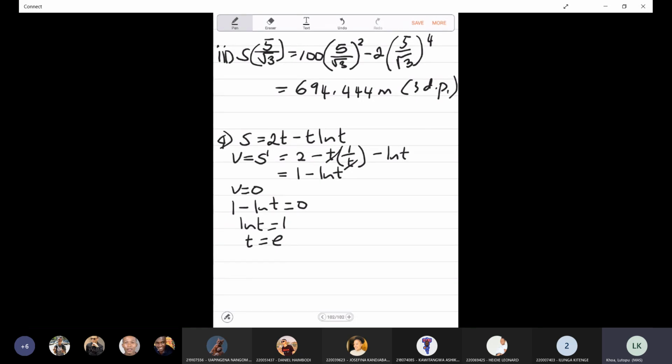Now we are looking for the displacement. So now that we know what t is, we just substitute it into that equation. So the displacement when t is e is 2e minus e times ln of e. We know that ln of e is 1, so this is 2e minus e, which is just e. And our units are meters.